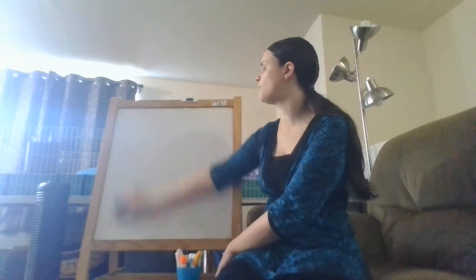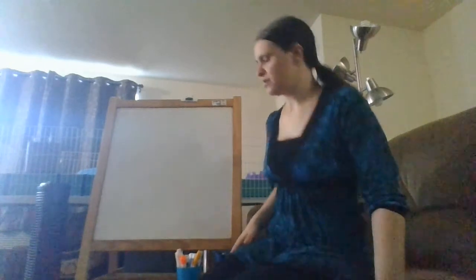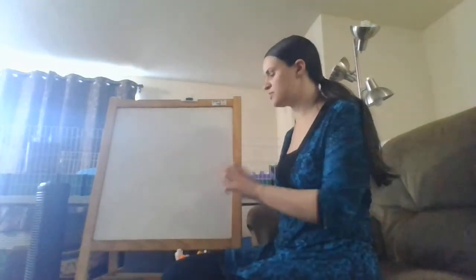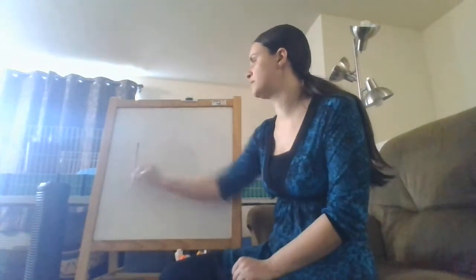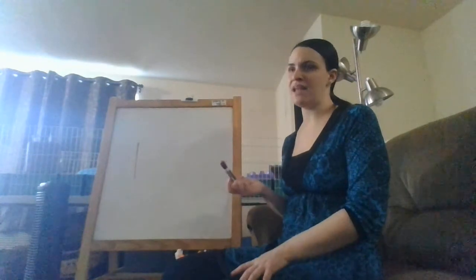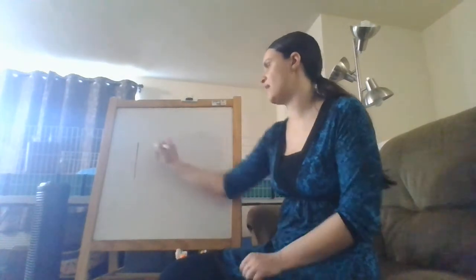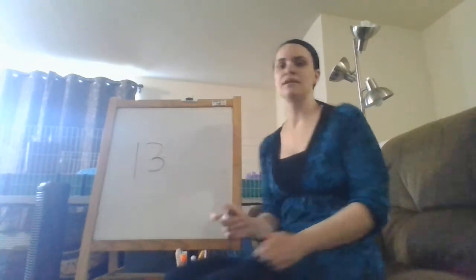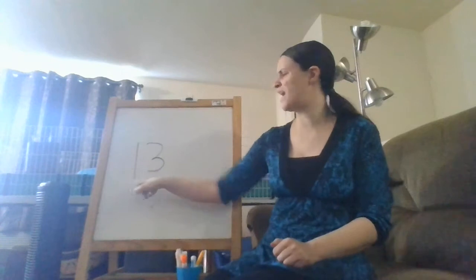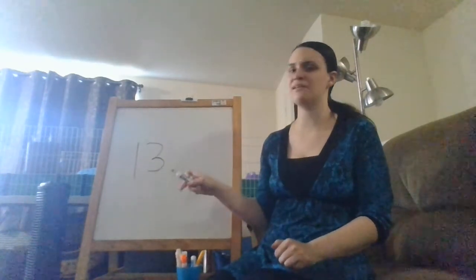Okay, now here's what I realized we didn't go over. We have not gone over our numbers of the month. So remember, all of our new numbers are going to be beginning with the number 1. Last month we did 11 and 12. So our new number happens to be a 1 and a 3. Does anyone know what number a 1 and a 3 is? Good. It's 13. Can we say that together?